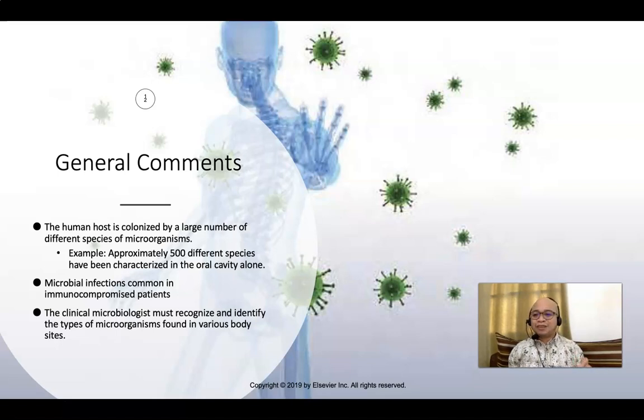Microbial infections are actually common among immunocompromised patients. What are examples of immunocompromised patients? Patients at the terminal stage of HIV infection, meaning they already have AIDS, acquired immunodeficiency syndrome.